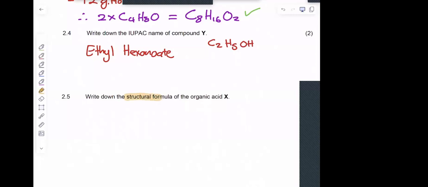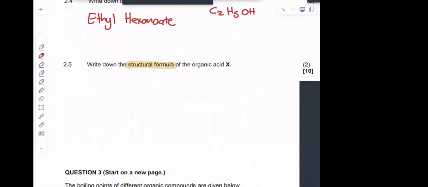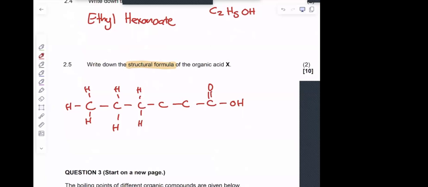I was just giving you guys a chance to do it on your side, then I'll show you what your answer should look like. Hexanoic acid is going to have 6 carbons. That's 1, 2, 3, 4, 5, 6. And then we know our functional group is going to have double bond O and the OH, and then make sure that you've got enough hydrogens plugged in everywhere else. There we go. That's the structural formula of the organic acid X.